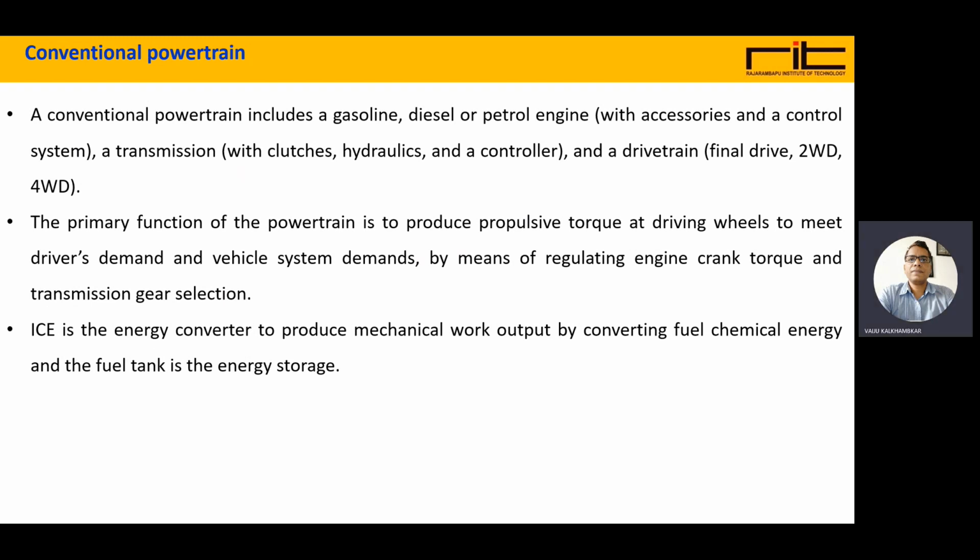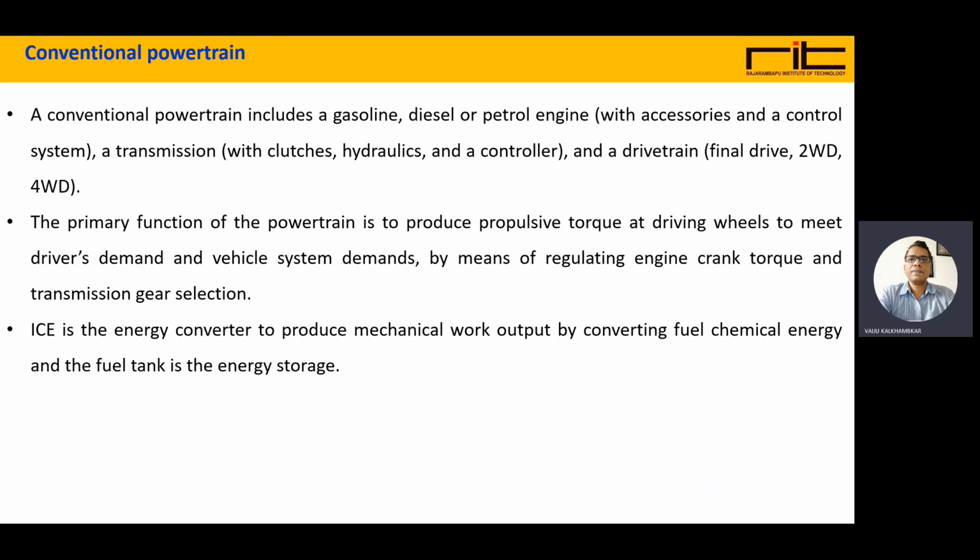The conventional powertrain includes the engine, maybe gasoline, diesel or petrol engine, that is an IC engine; the transmission system, which includes clutches, hydraulics and controllers; and a drivetrain, that is the final drive for the two-wheeler or four-wheeler drive. The primary function of the powertrain is to produce a propulsive torque at the driving wheels to meet the driver's demand and vehicle system demands by regulating engine torque and transmission gear selection.